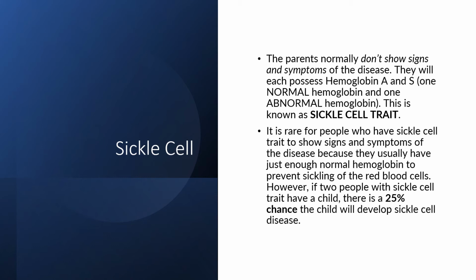It is rare for people who have sickle cell trait to show signs and symptoms because they usually have just enough normal hemoglobin to prevent the sickling of the red blood cells. However, if 2 people with sickle cell trait have a child, there's a 25% chance that the child will develop sickle cell, because remember, both of those parents are carrying the S genes, those with the traits.